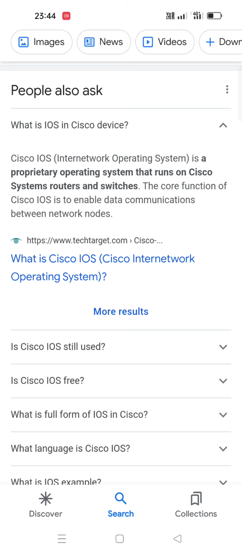So there are plenty of features available to connect two nodes and then configure those nodes in different forms. Okay, so this is basically the operating system, and how it connects.